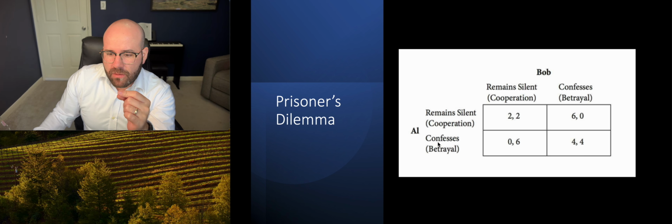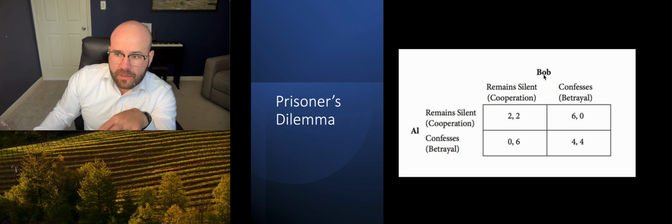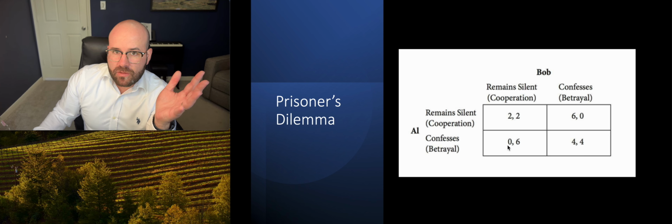Consider the option. Suppose that Al confesses and Bob does not. Let's look at this from Al's perspective. I'm saying that the rational thing for Al is to always confess. Why? Because if he confesses and Bob does not confess, then he gets to walk free.